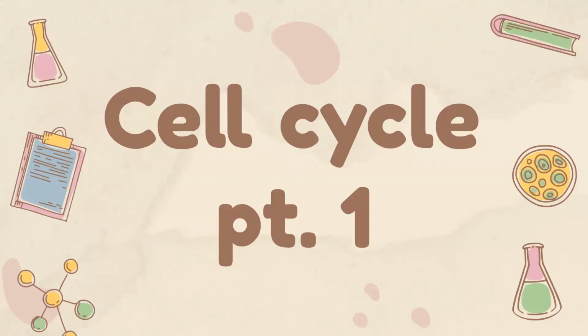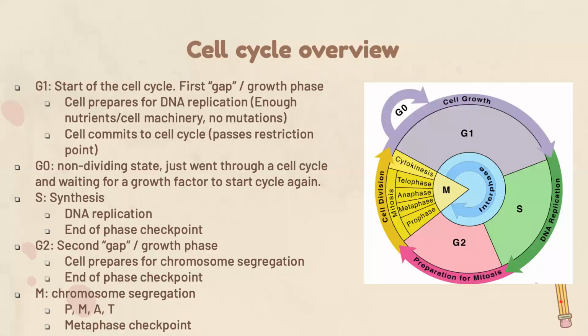Nice. All right, now we're going to get into the cell cycle. First is just an overview. So cells start at G1. This is the first gap or growth phase. This is when they prepare for DNA replication. They're growing, they're making sure they have enough nutrients.